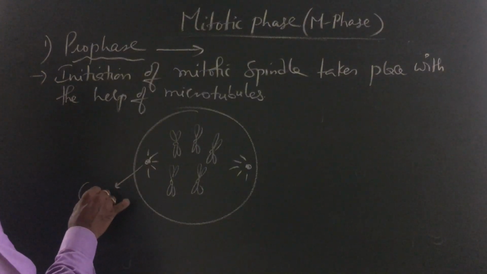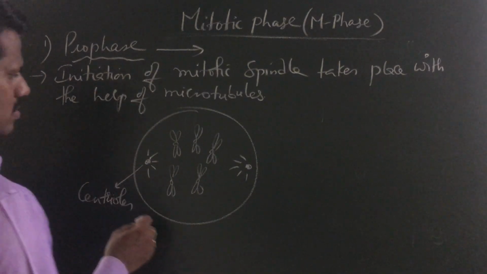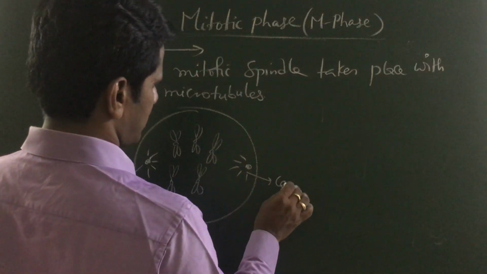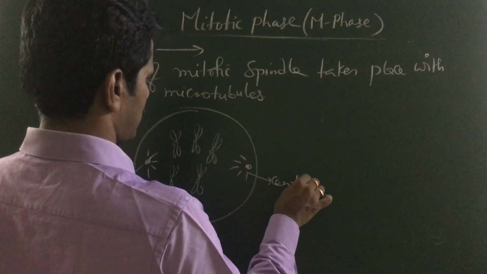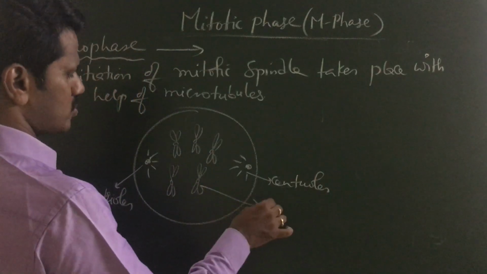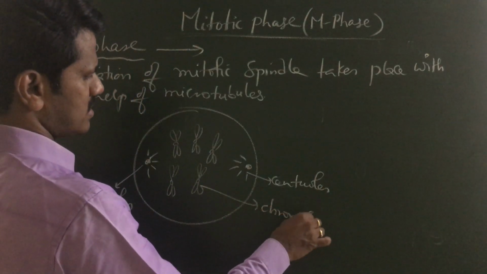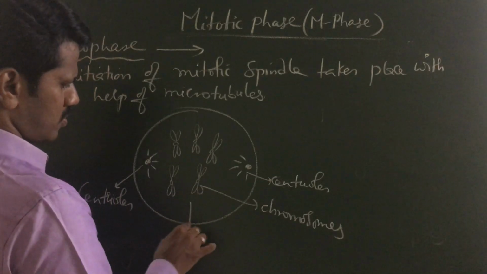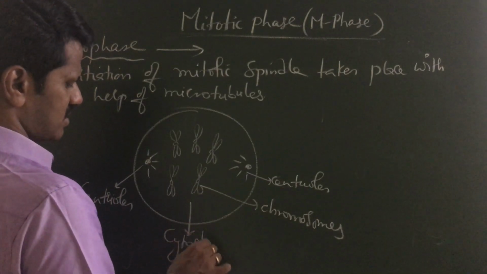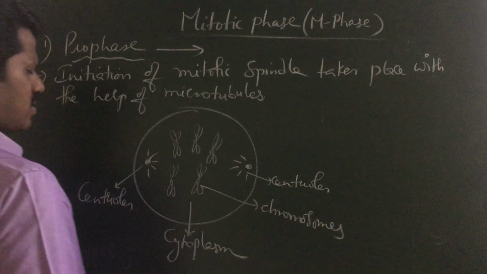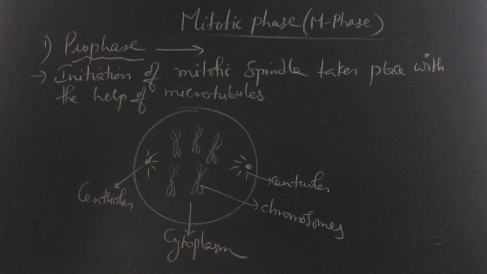These are the centrioles, and the chromosomes are scattered in the cytoplasm. So this is what we see in the prophase. These are the events.